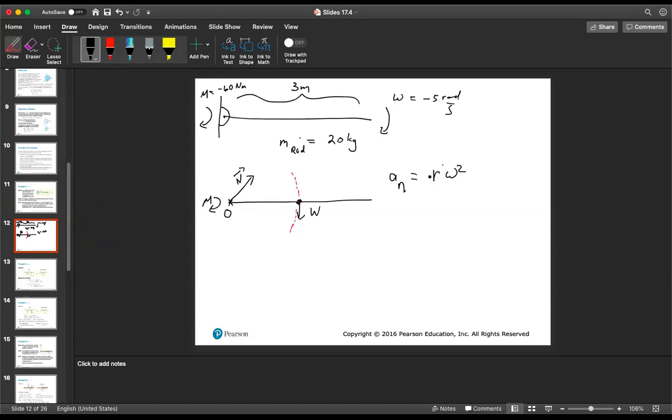I know omega. The radius is just the distance from the pivot to the center of mass. And then the tangential piece is going to be r times alpha.